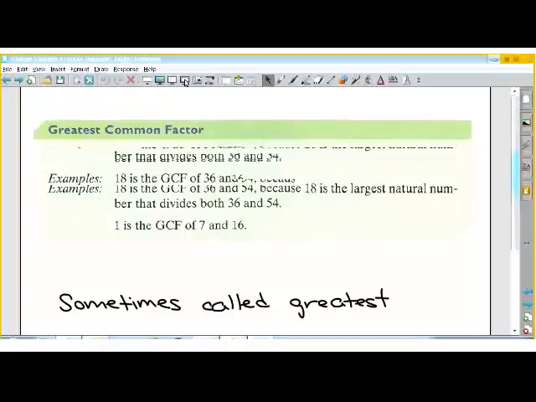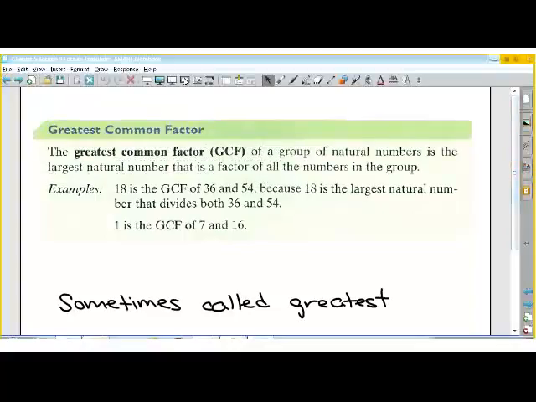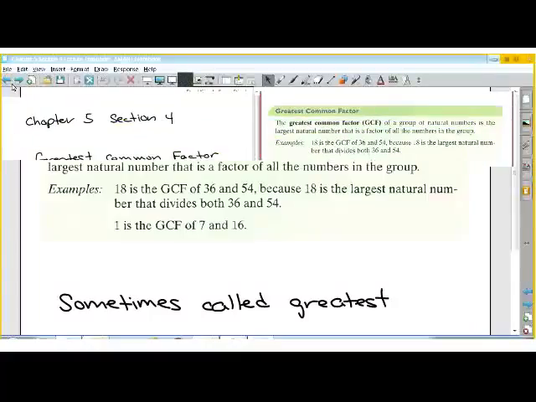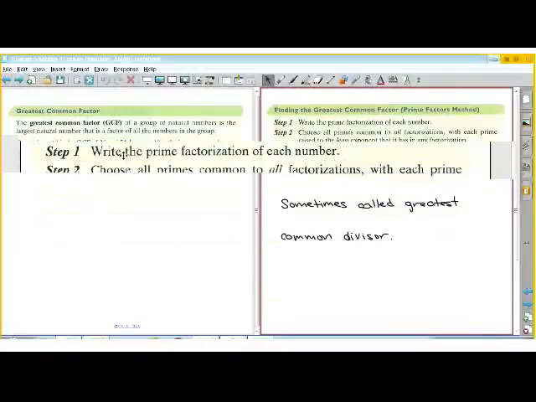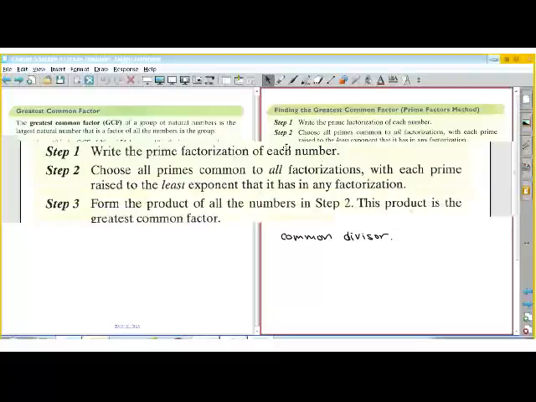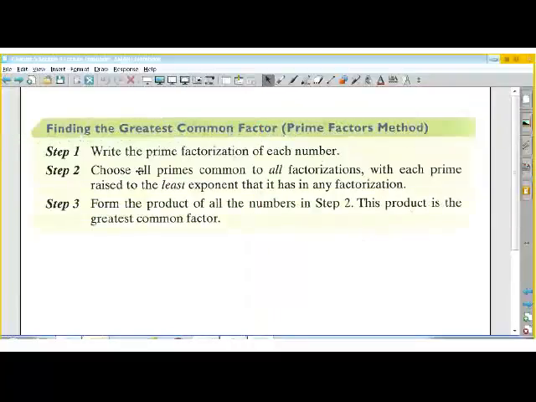But what you can do is use prime factorization to come up with the answer without having to list all the factors. There are 2 ways of doing it, and they give you the same answer. The first method is you write the prime factorization for each number, and then you choose all primes that are common to the factorizations, and you use the prime that has the least exponent.